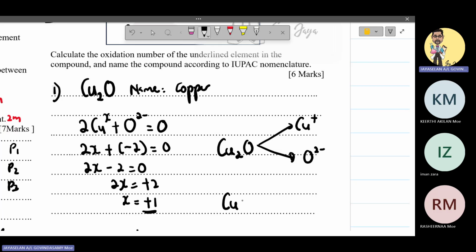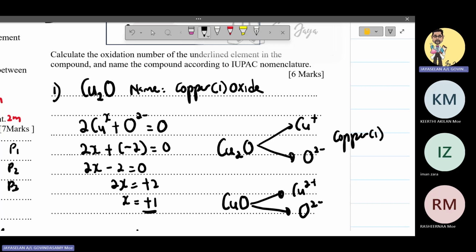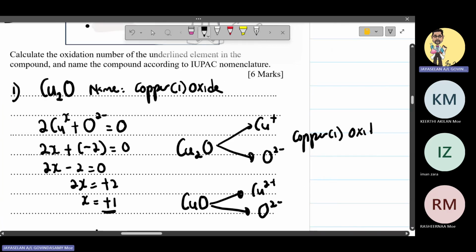And one more copper compound, here Cu2 positive and O2 negative. So you have to differentiate which ion. Here you must put copper 1 oxide. This is copper, the charge is 1, right? So copper 1 oxide.